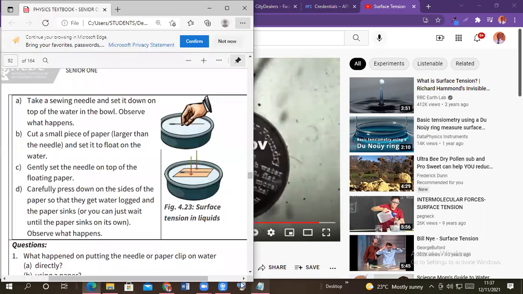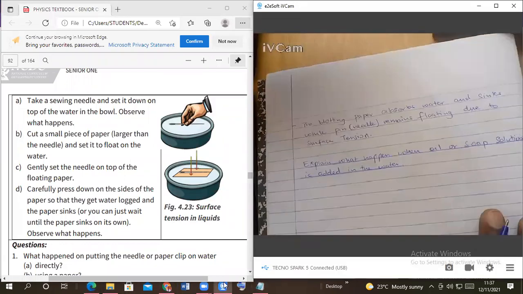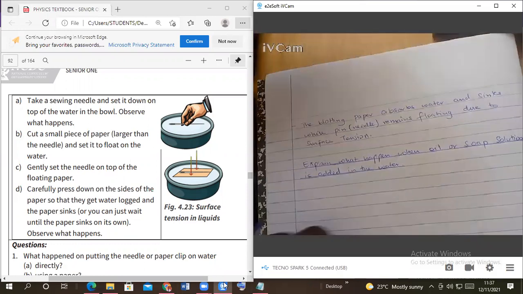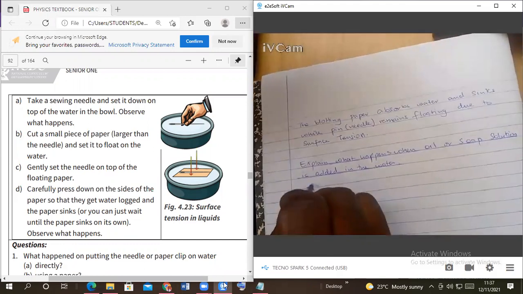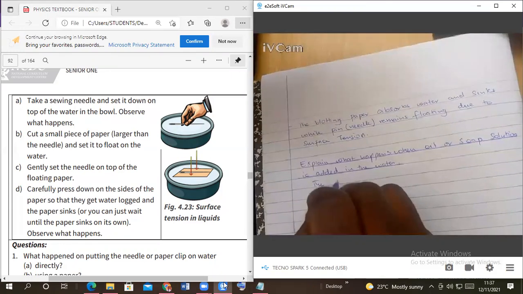So what will be observed? Explain what happens when oil or soap solution is added in water. For that case, it will be the pin.